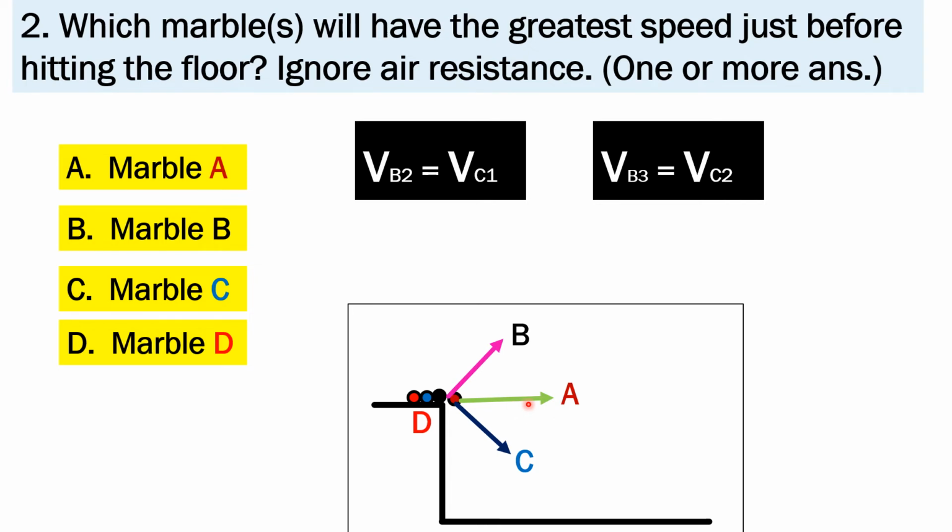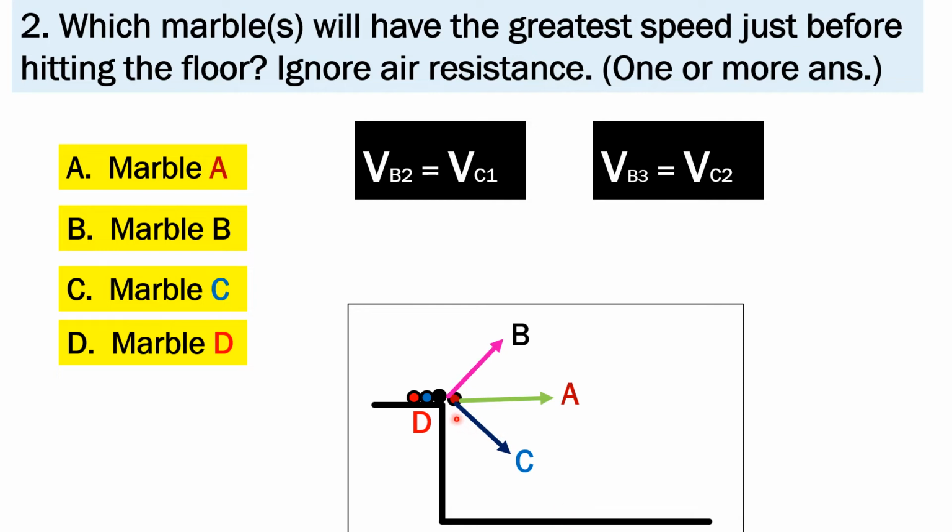And when we compare the fate of marble A and marble C, definitely marble C will acquire a much greater vertical component of its final velocity just before hitting the floor, isn't it?